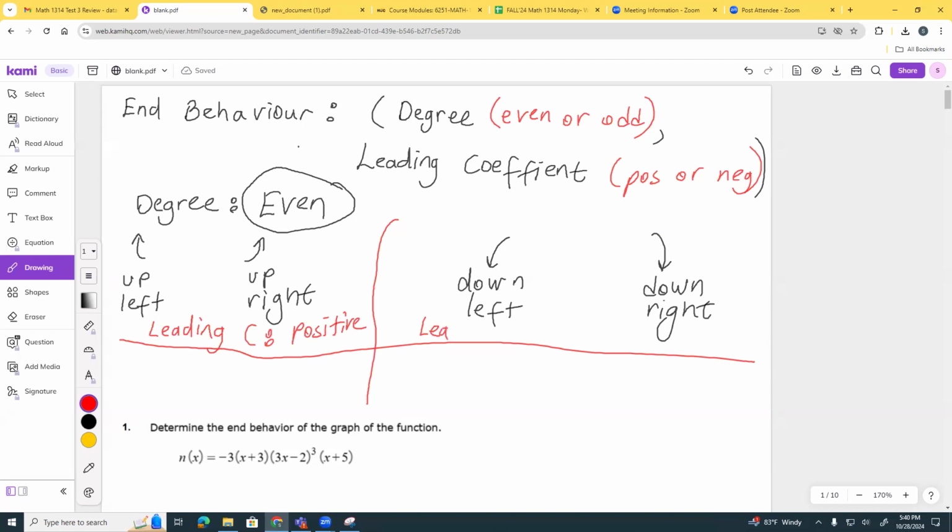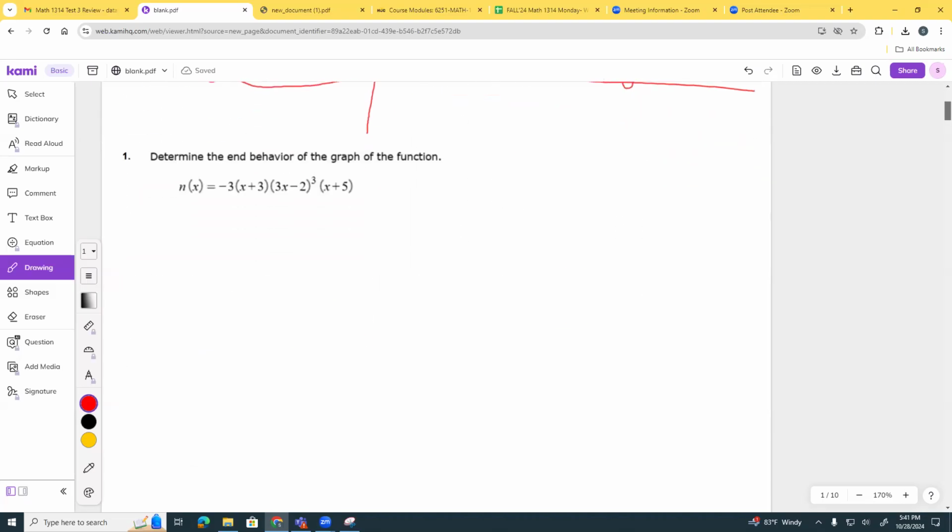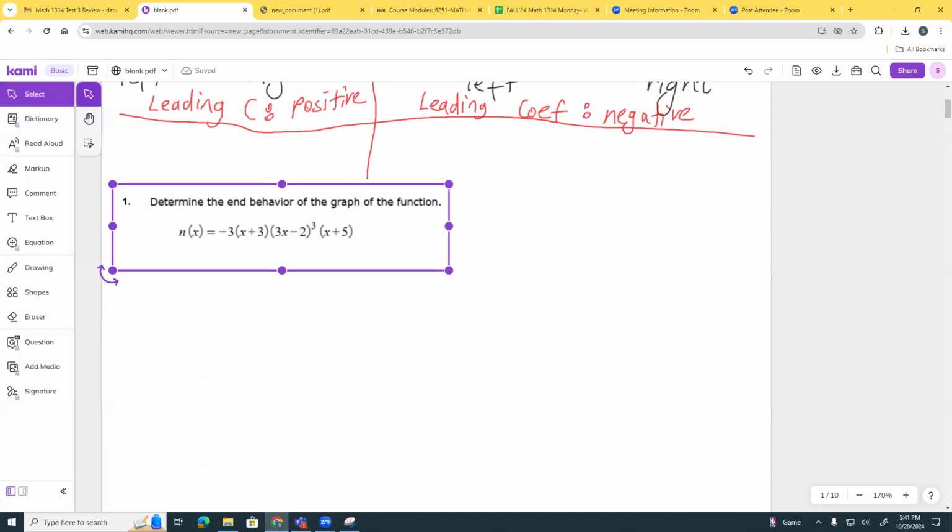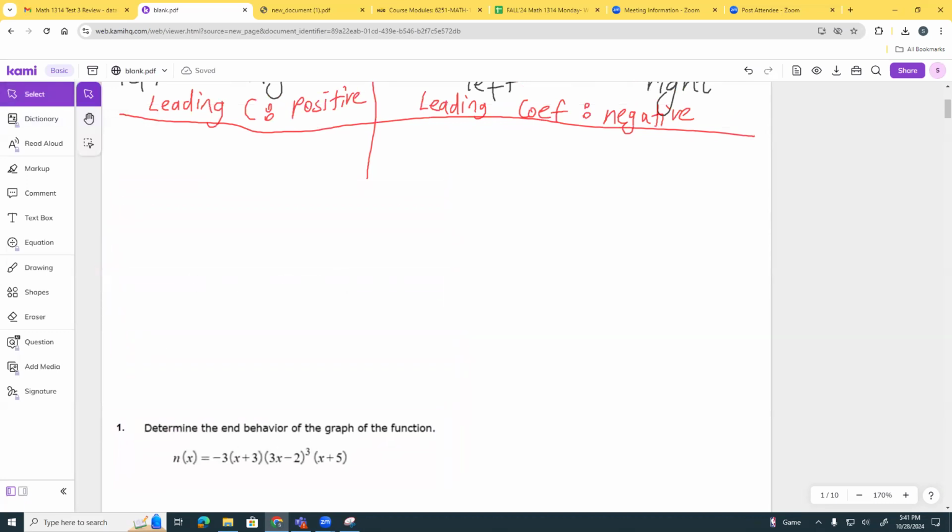If the leading coefficient is a negative number, it will be down, down, right? So these are the 2 things that we have to know. Whenever the polynomial has an even degree, so if the greatest power is an even number, the graph is going to be up on the left and up on the right if the leading coefficient is positive. Similarly, it's going to be down on the left, down on the right if the leading coefficient is negative. And these two things only apply if we have an even degree polynomial, right?